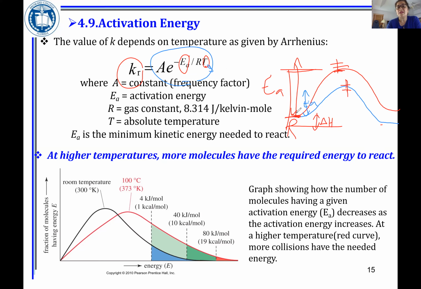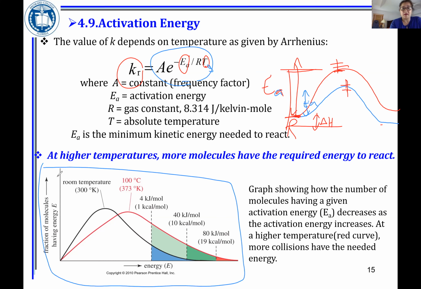Obviously, if you increase the temperature, more of the reactants are going to collide and meet the minimum amount of energy, which is the activation energy, to go to the product. Looking at this diagram, I want to make sure that you can read it.